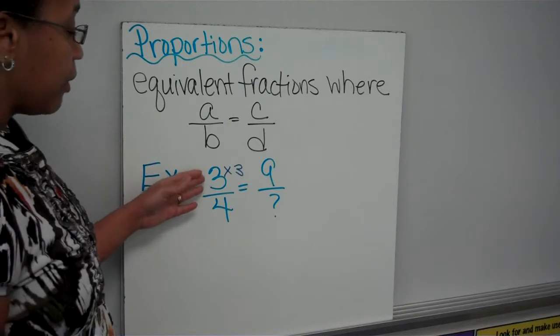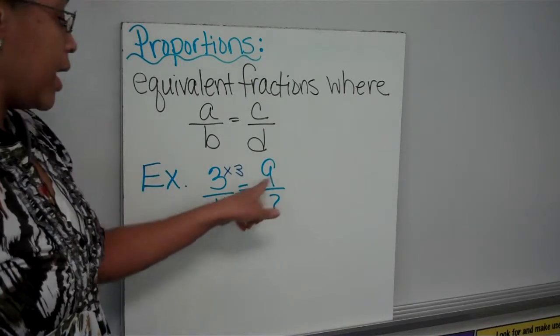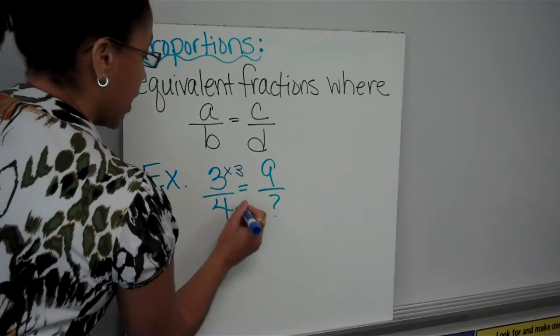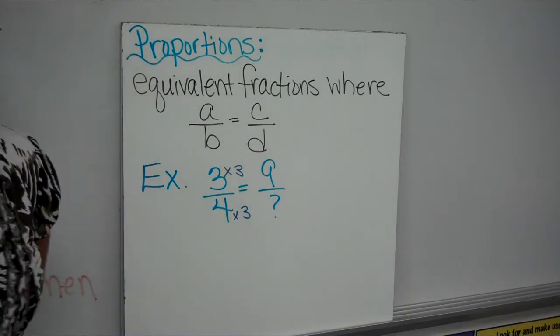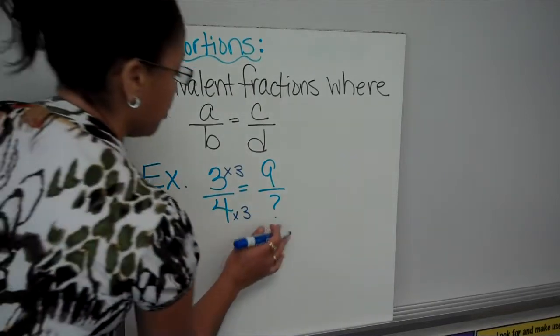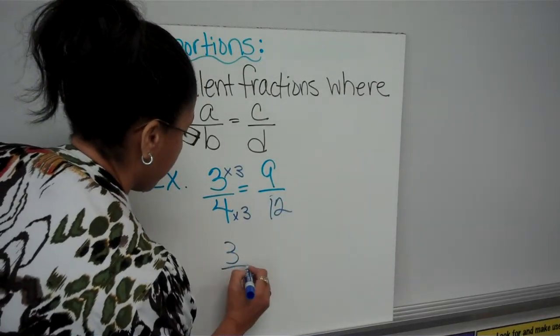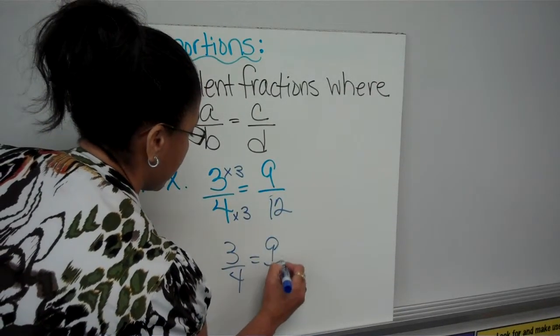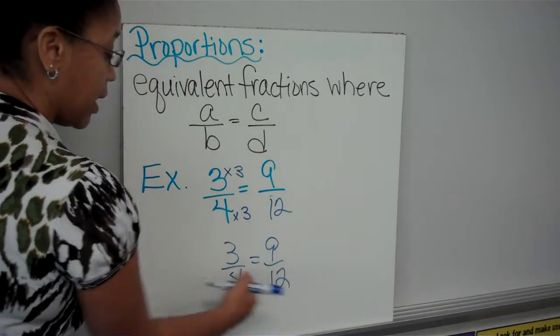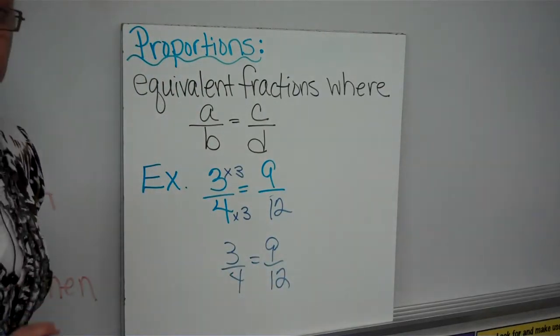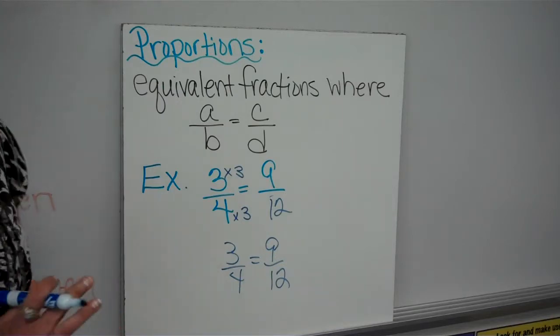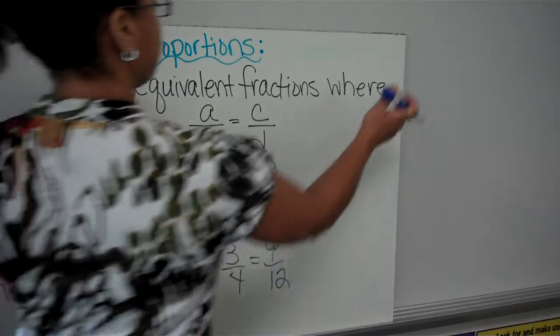So since my numerator was tripled to get a 9, I have to triple my denominator in order to keep these fractions equivalent. So this question mark will become a 12. So basically 3/4 is equal to 9/12. And I can reduce 9/12 down to 3/4, so that would be true. And that's all proportions are equivalent fractions.